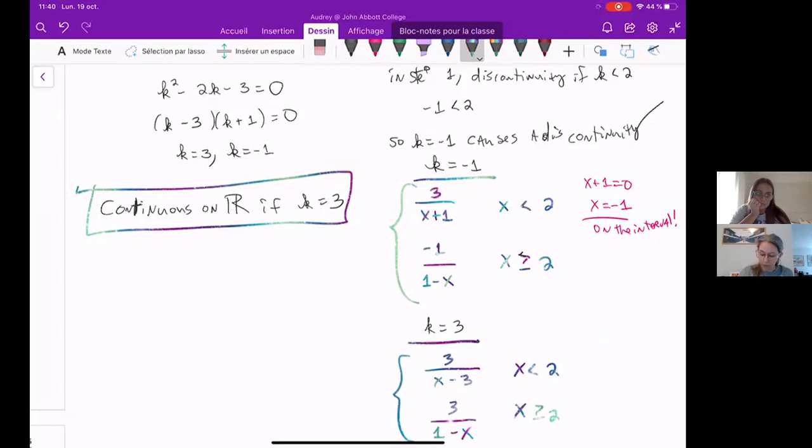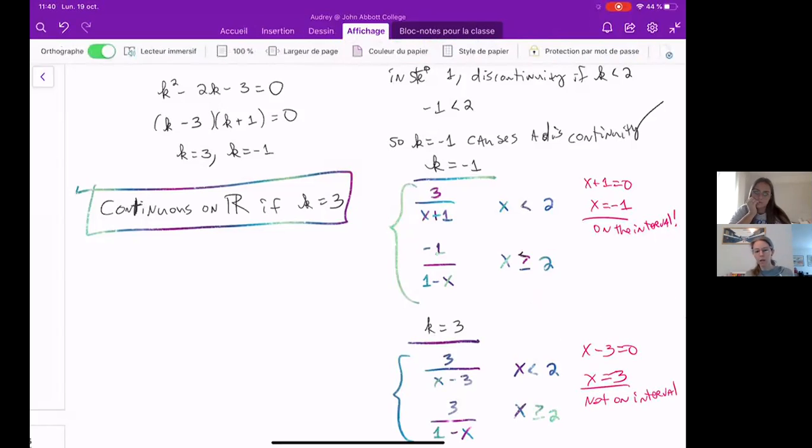Here I would have x minus 3 equals 0, x equals 3, but that's not less than 2. That's not on the interval. So again, you don't have to show me this plugging in stuff if you've done your step 1 correctly, but this shows why the 3 is going to be continuous everywhere, but that negative 1 actually causes that discontinuity.